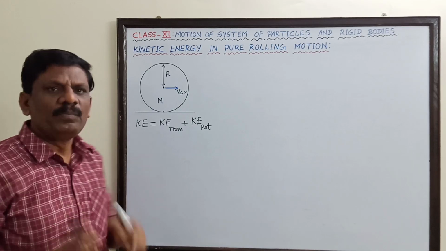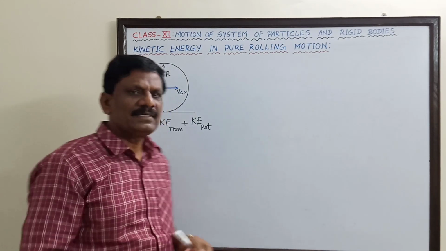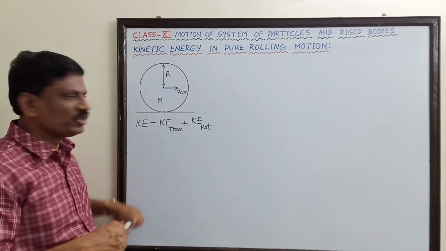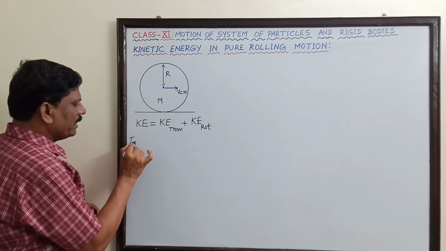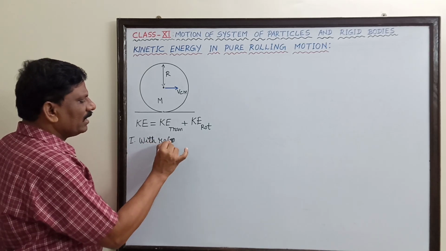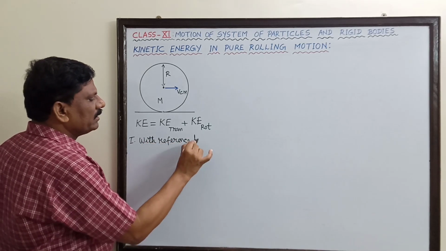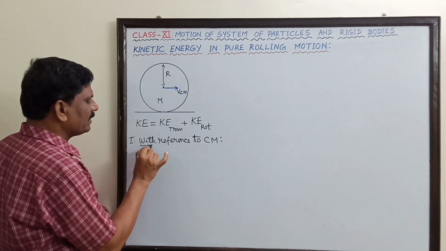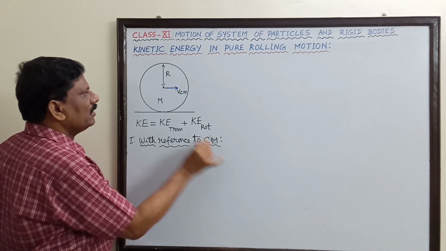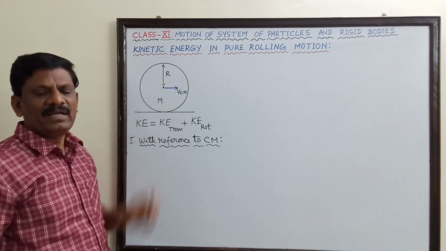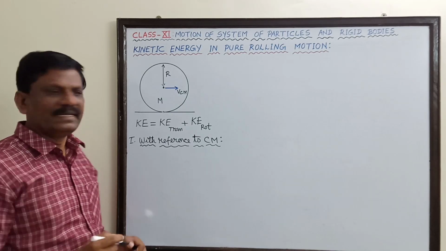So there are two possibilities. In case 1, I will find the total kinetic energy of rolling motion with reference to the center of mass. With reference to the center of mass, each and every particle will have two kinetic energies.